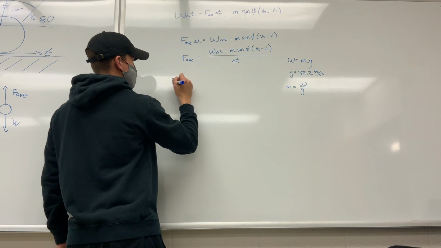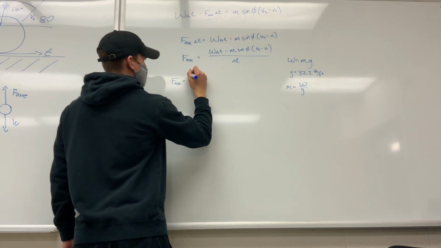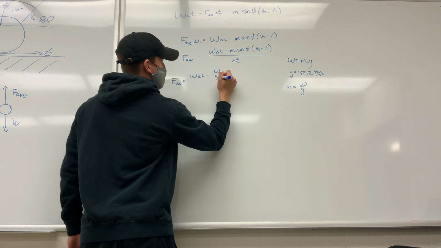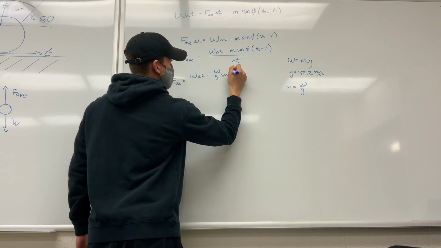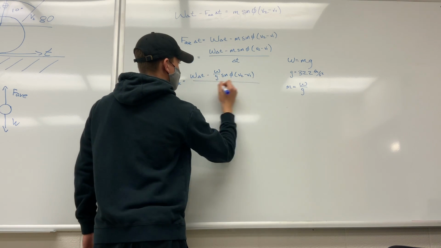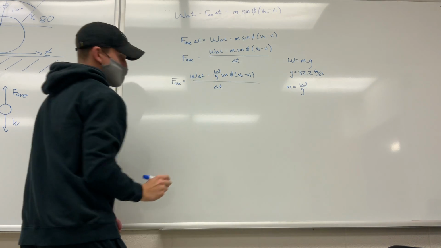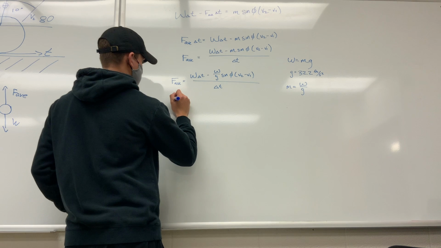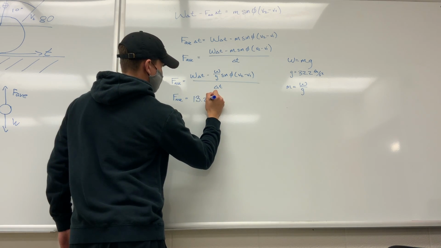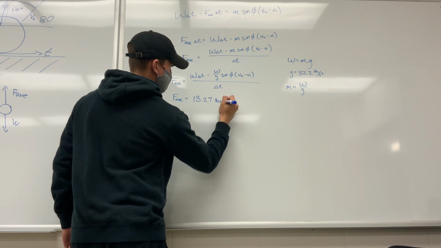Now we have the average force is weight delta t minus weight over gravity, sine of phi, times our final velocity minus our initial velocity, over the change in t. Once you plug this into your calculator, you're going to get 13.27 pound force.